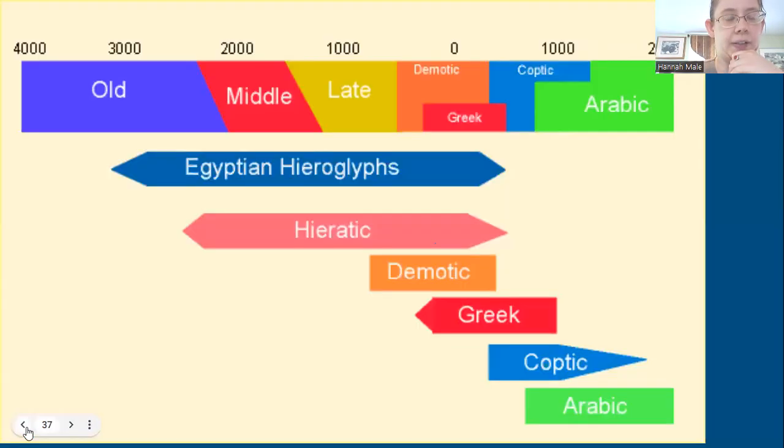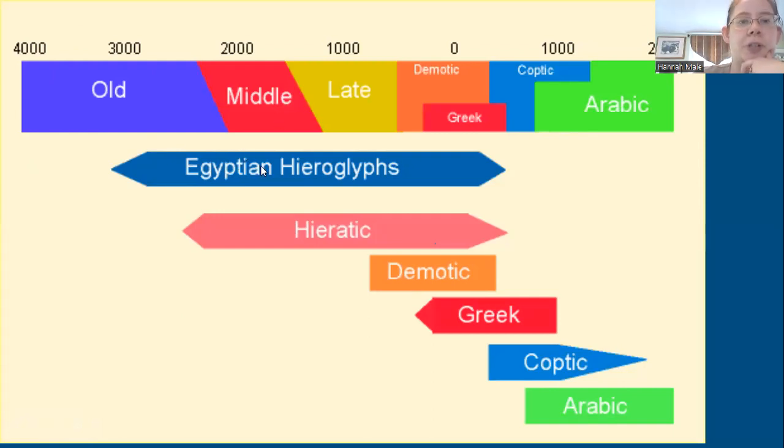This is a chart from that Digital Egypt site that shows you the evolution of the Egyptian language. These are the approximate calendar dates up here, and the different colors represent different phases of the language.